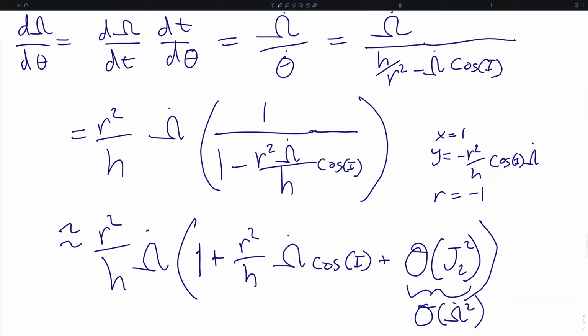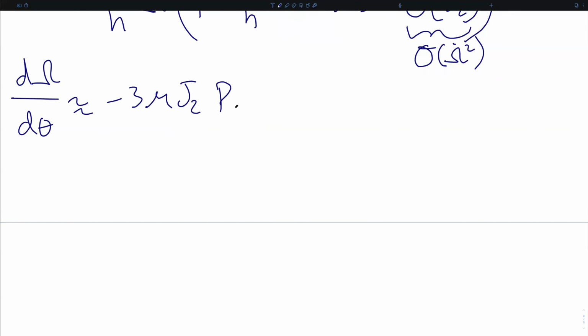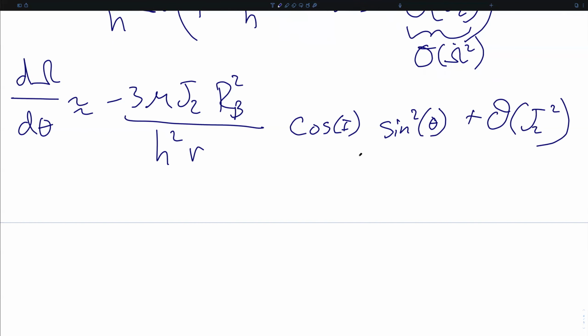We rewrite this expression. dΩ/dθ is approximately equal to -3 mu times the J2 term times the equatorial radius squared over h squared r times the cosine of the inclination times sine squared of the argument of latitude, plus all of our higher order terms. And we will substitute for r using our conic section expressions.